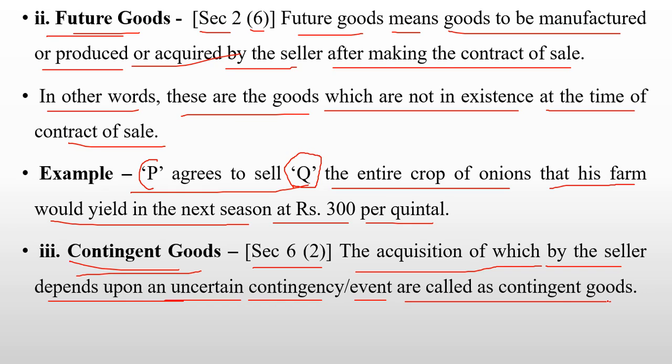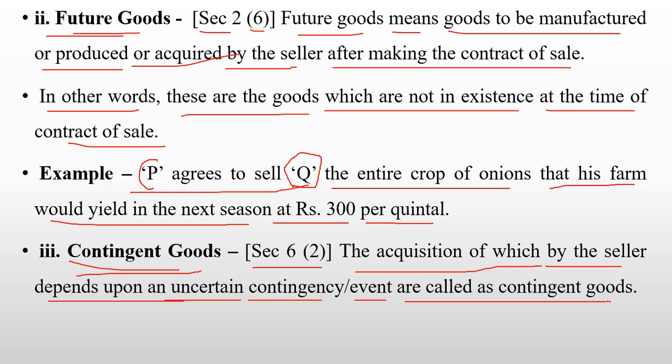Okay, now for example, if there is a fisherman and there is a buyer. Fisherman, basically, is the seller. So the buyer says to the fisherman that I want 1000 fish from you. So the fisherman says that okay, I will give you 1000 fish after 5 days. But after 5 days, if there is any cyclone in any sea or in any river, I will not give you fish.